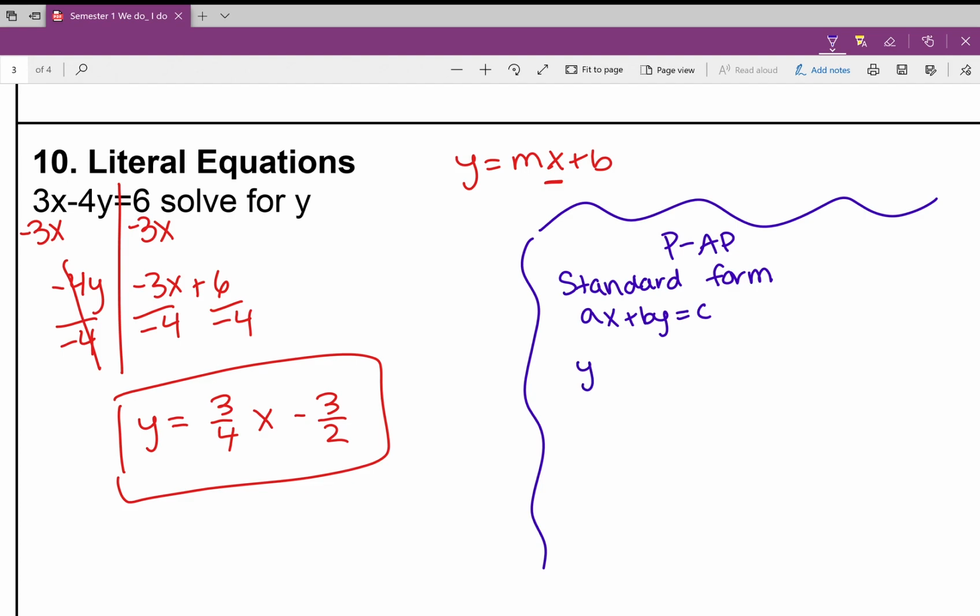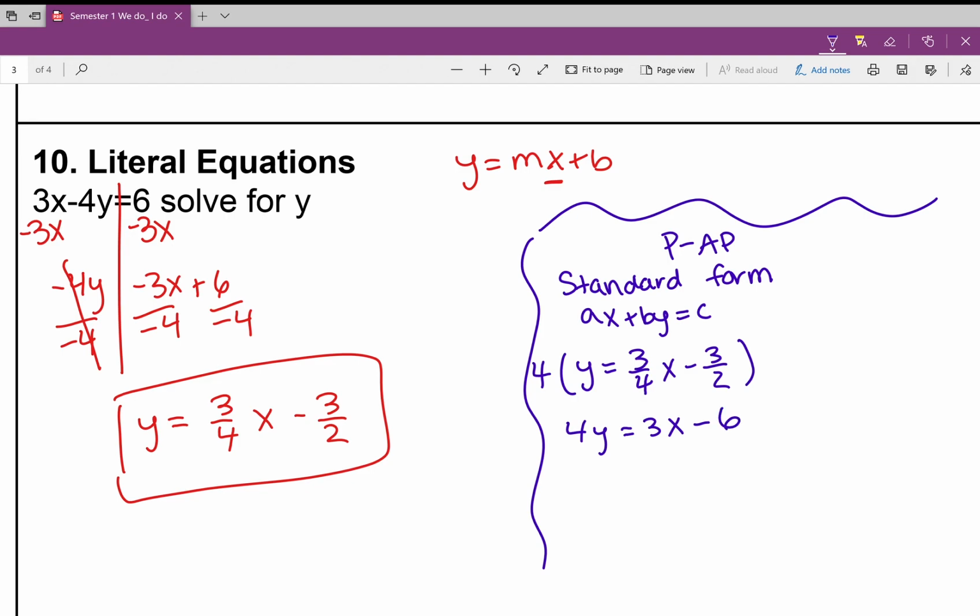So if we have y equals 3 over 4x minus 3 over 2, we first have to multiply the whole equation by one number. And that one number is going to be whatever the common denominator is between the two. So the common denominator between the two is going to be 4. So I'm going to multiply everything by 4. So I have 4y equals 3x minus 6.